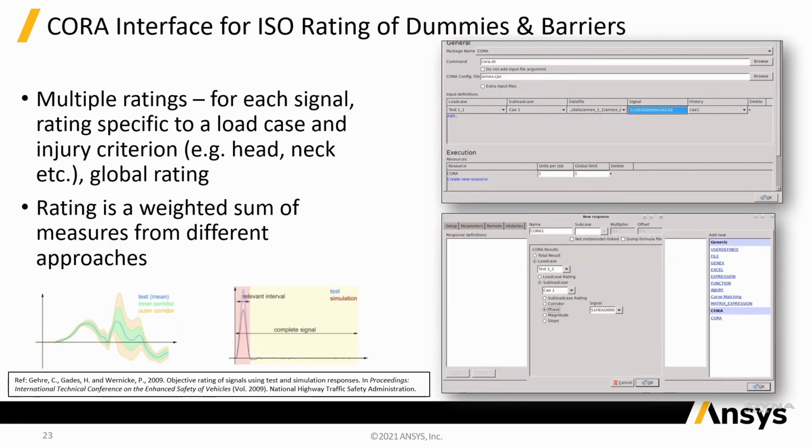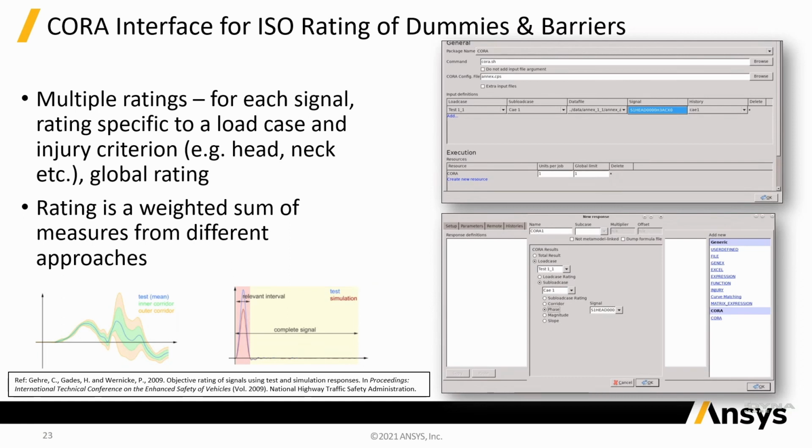So the Cora interface, that's the last feature that I will talk about, and that's just a feature for ISO rating of dummies and barriers, used mostly in the automotive industry. We worked with an automotive company to do this development. What we provide here, within the process flow, is an additional stage type, the Cora stage type, which allows the user to rate the performance of impact of dummies and barriers.